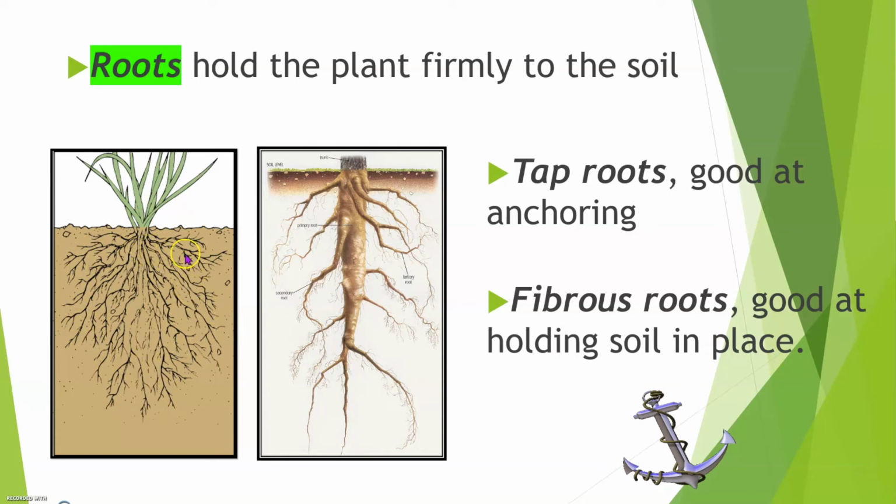You can see they have more hairs than the taproot, because it is good at holding the soil all together in one place. That's why fibrous roots are good in holding soil in place, because they have more root hairs. We will discuss more of the root hairs later on. You can also underline and highlight some important words in your books. Very good.